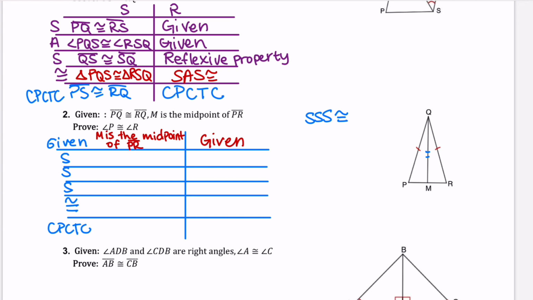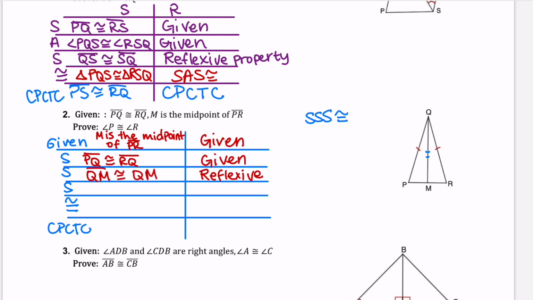And then my second given I'm going to use as one of my sides. So PQ is congruent to RQ. My second side, I'm going to use this reflexive property to say that QM is going to be congruent to QM.